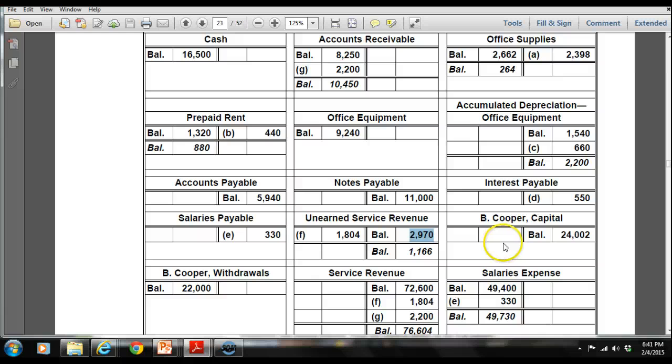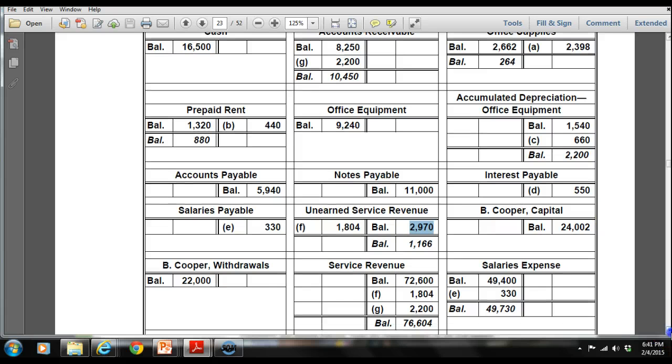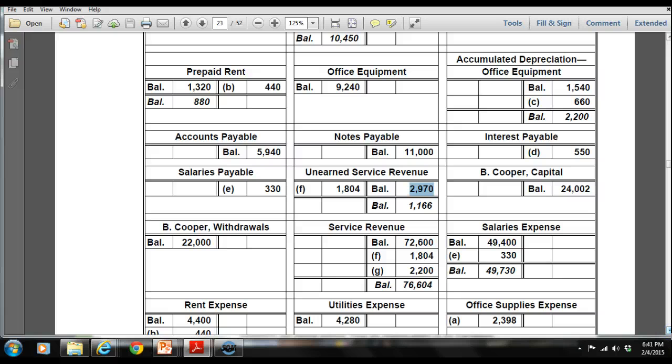Next, your trial balance will show a B. Cooper capital account with a credit balance of $24,002. Next, the trial balance shows an account called B. Cooper withdrawals. It has a balance of $22,000.